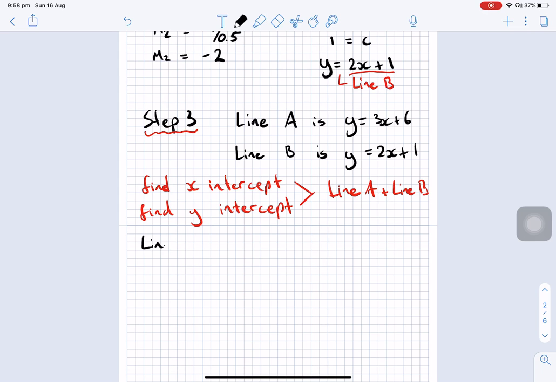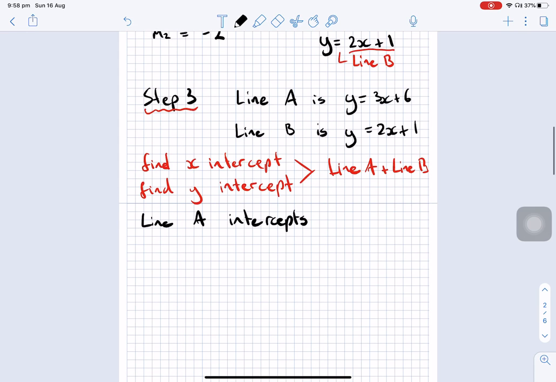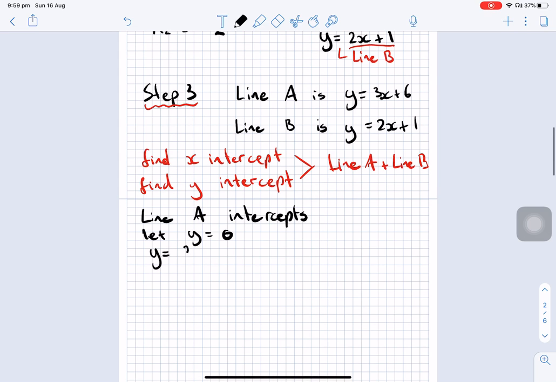So line A intercepts. Let's start with the x-intercept. We'll let y equal 0. So we'll sub it into this equation. Our equation is y equals 3x plus 6.